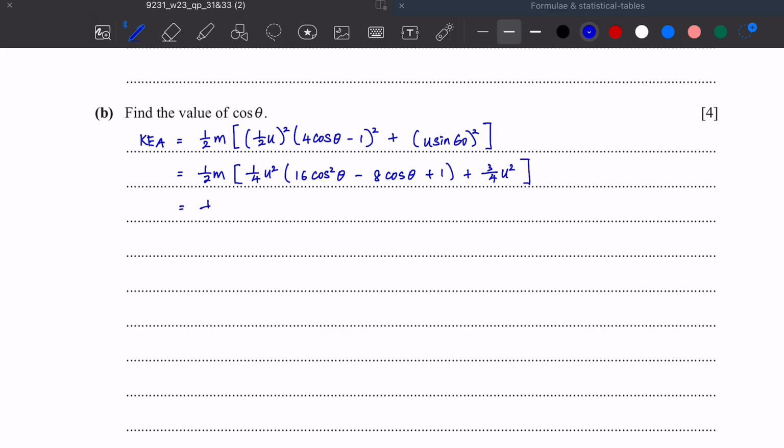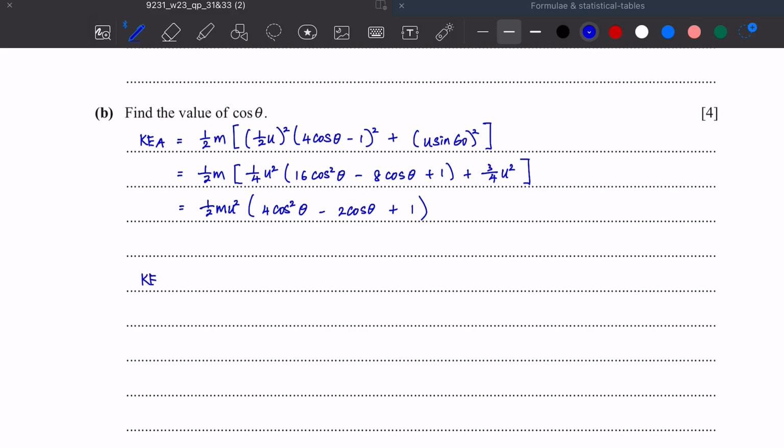And we would get half m u squared times 4 cos squared theta minus 2 cos theta plus 1. So this will be the final kinetic energy of A.